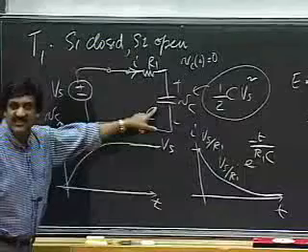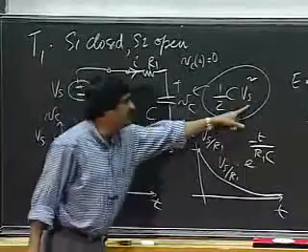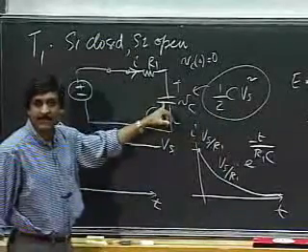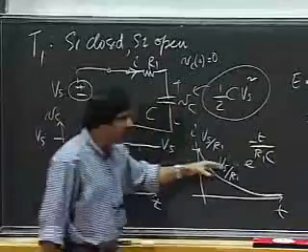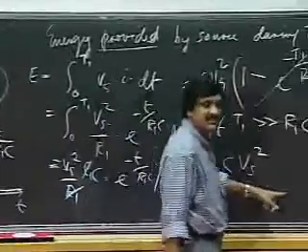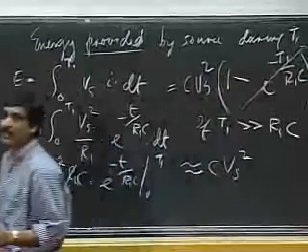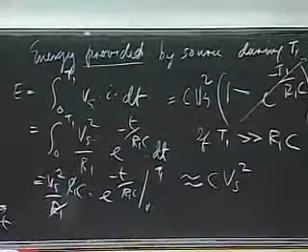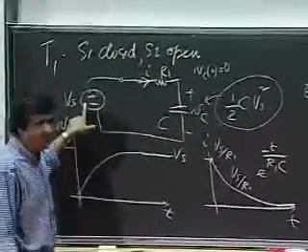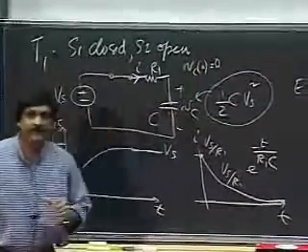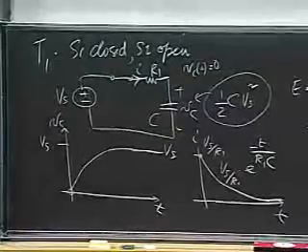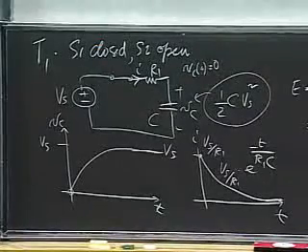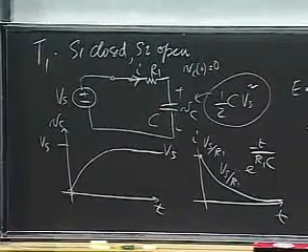But we know from this calculation, the source has supplied C Vs squared. So the source has supplied twice that energy, and only half of that is stored here. Okay, so who ate up the other half? The resistor, exactly.